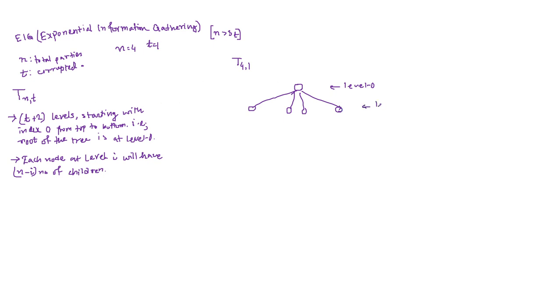They are level 1 nodes. And how many children will each node at level 1 have? If the level is 1, then the number of children is 4 minus 1, that is 3. So each of these nodes will have 3 children.